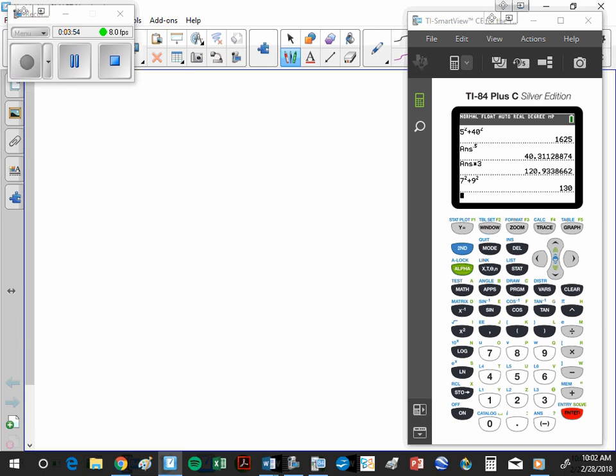What if my point is negative square root of 5, 6? What quadrant am I in? That would be quadrant 2. Negative square root of 5 and positive 6 is going to be right here.